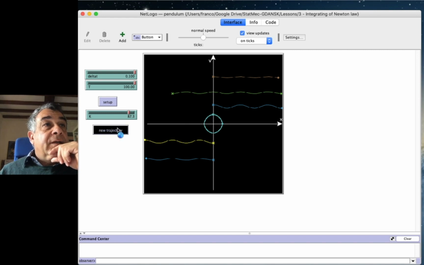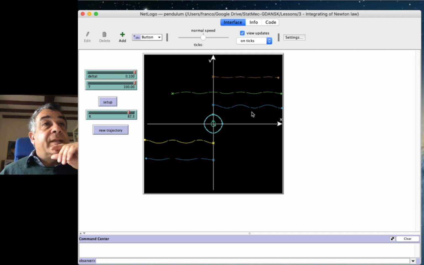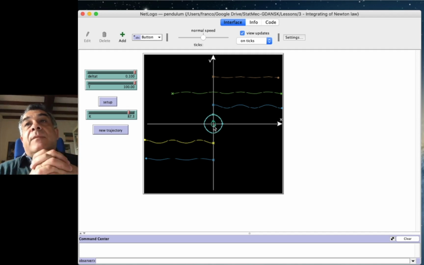If I kick it with a very, very small energy, I get back the framework of the classical harmonic oscillator, which is the approximation of the pendulum for low energy.